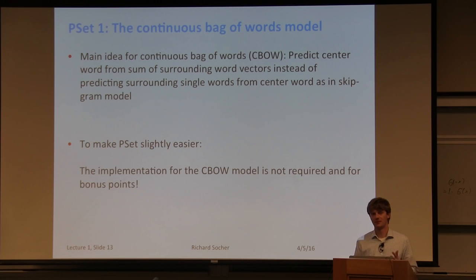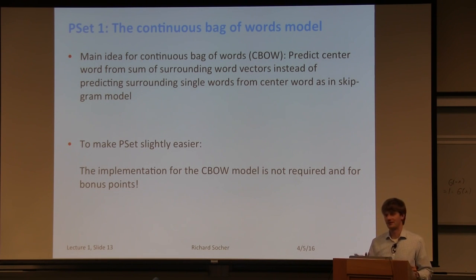Very similar idea, but it results in slightly different results. And in the end, again somewhat hackily, we might also combine the two and average both. Turns out to also work well. But basically, the idea is very simple. Instead of taking the center word and trying to predict the surrounding words, you can take the surrounding words and try to predict the center word.